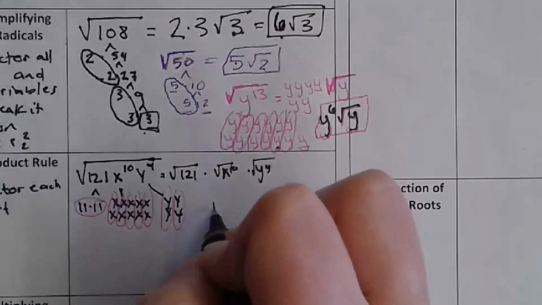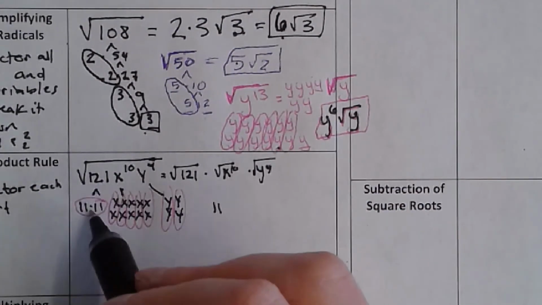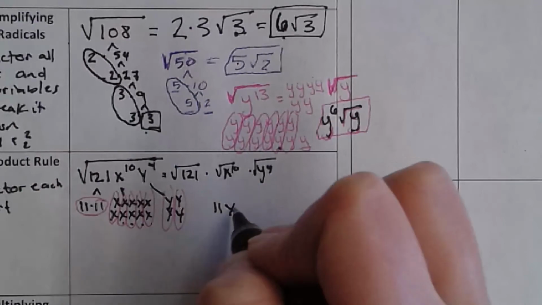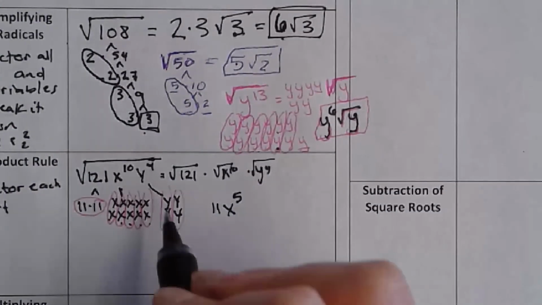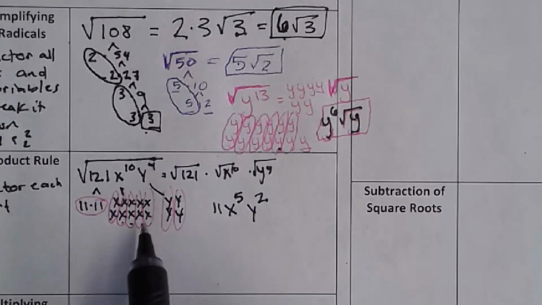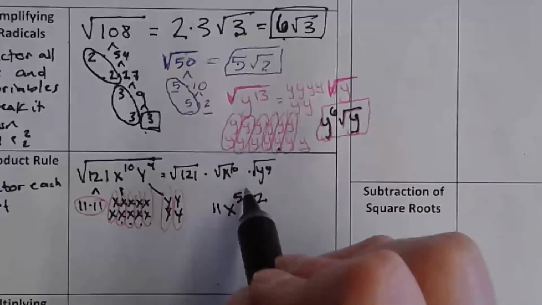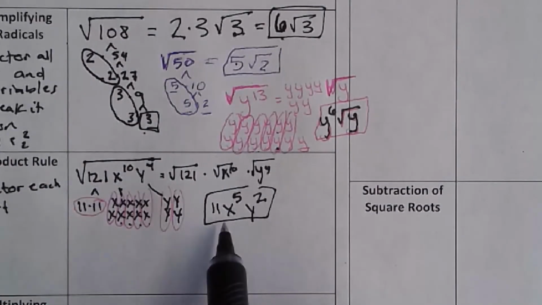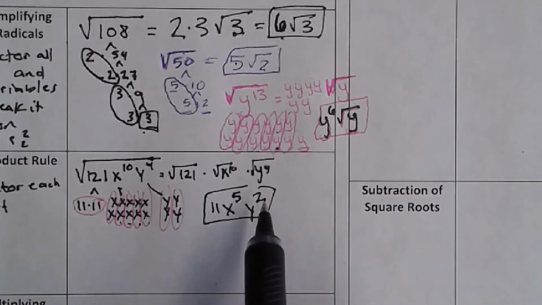So 11, and we know that square root of 121 is 11, and then 1, 2, 3, 4, 5 x's, so x to the 5th, and y squared. Do I have anything uncircled? Anything left by itself? Nope. So the square root of 121 x to the 10th, y to the 4th is 11 x to the 5th, y squared.